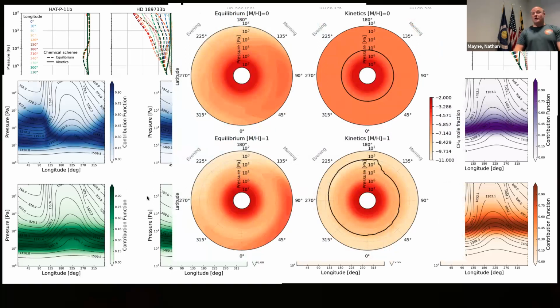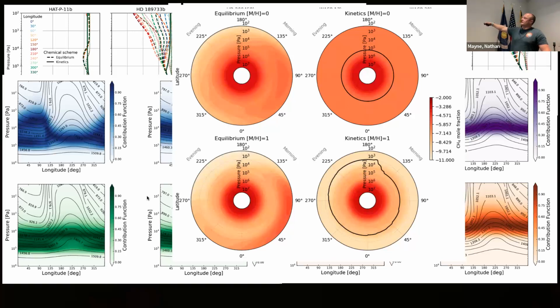This is in a paper which I hope will be submitted fairly soon, that Maria's finishing up. These are simulations where we've now started to play with the metallicity. So this is looking down at the pole. This is a solar metallicity model where she's looked at quenching for a particular species.